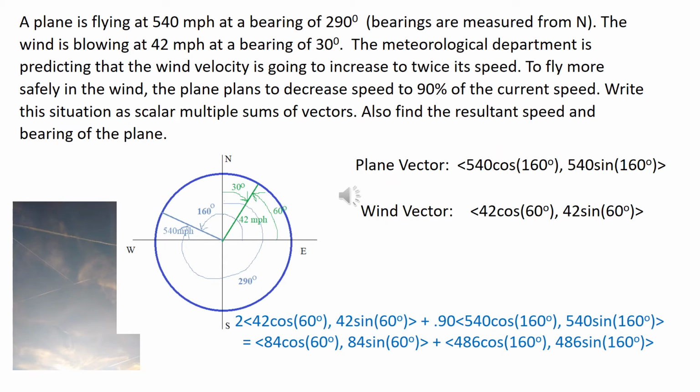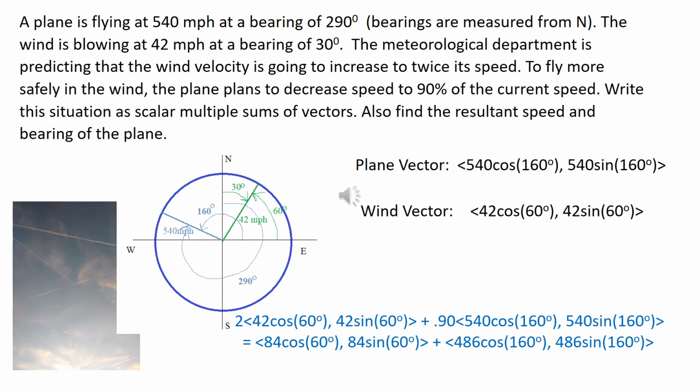Let us first find the components of the plane's vector and the wind's vector. A bearing of 290 degrees measured from north is coterminal to the angle of 160 if we measured from the positive x-axis counterclockwise.